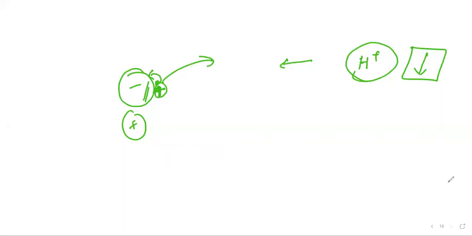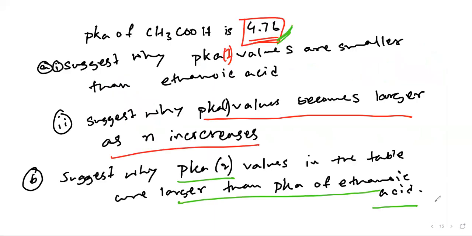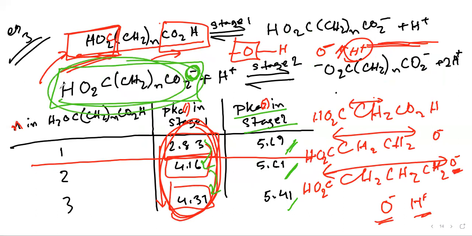As there is already a negative charge in this molecule, it has a lower tendency to donate H plus, since one H plus has already been donated over here. And if we want to remove another H plus, removing the H pluses from both sides, it's very difficult.